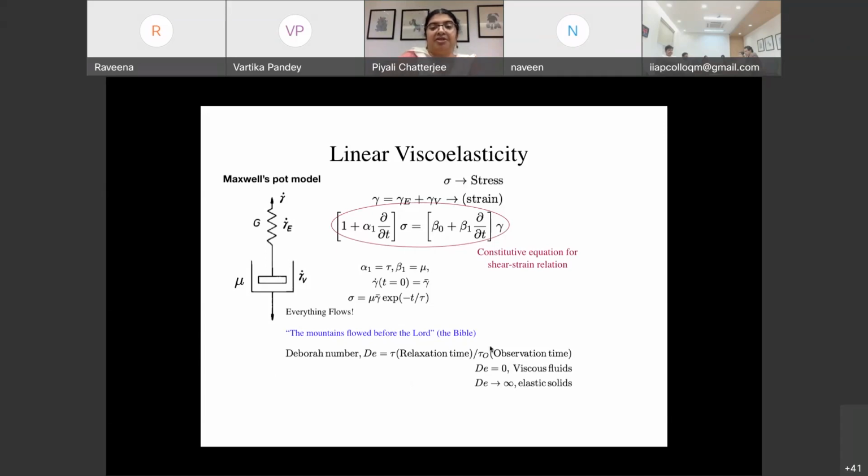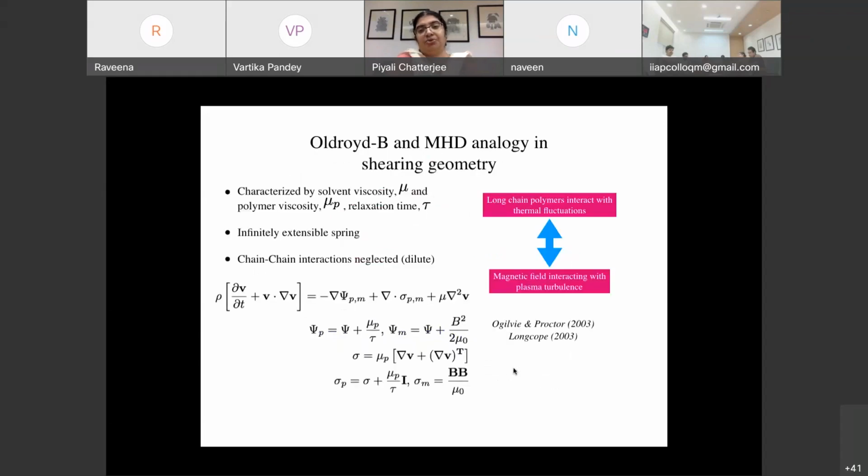So if your observation time is very long, so if your Deborah number is very small, then your system is behaving like a viscous fluid. Whereas if your Deborah number goes to infinity, then it is going to behave like an elastic solid, which is very difficult to move.